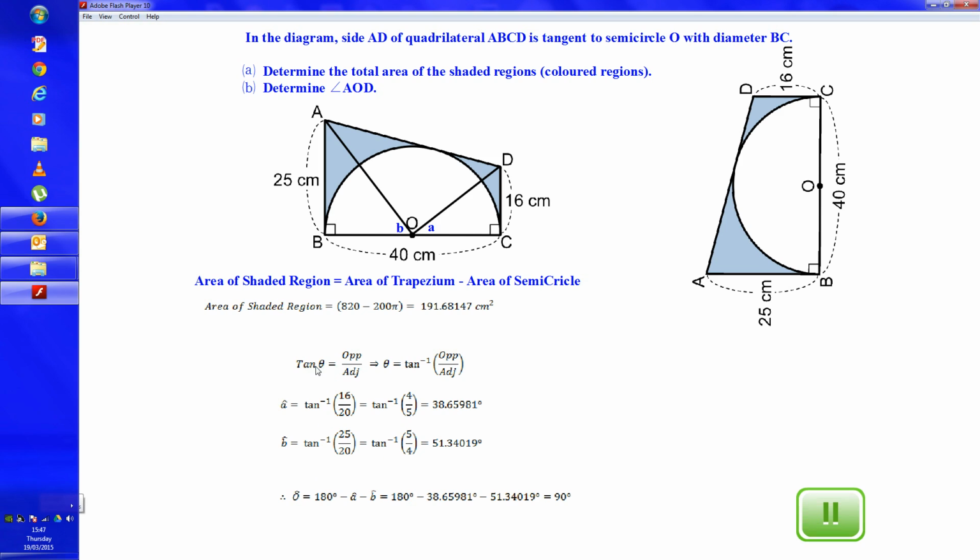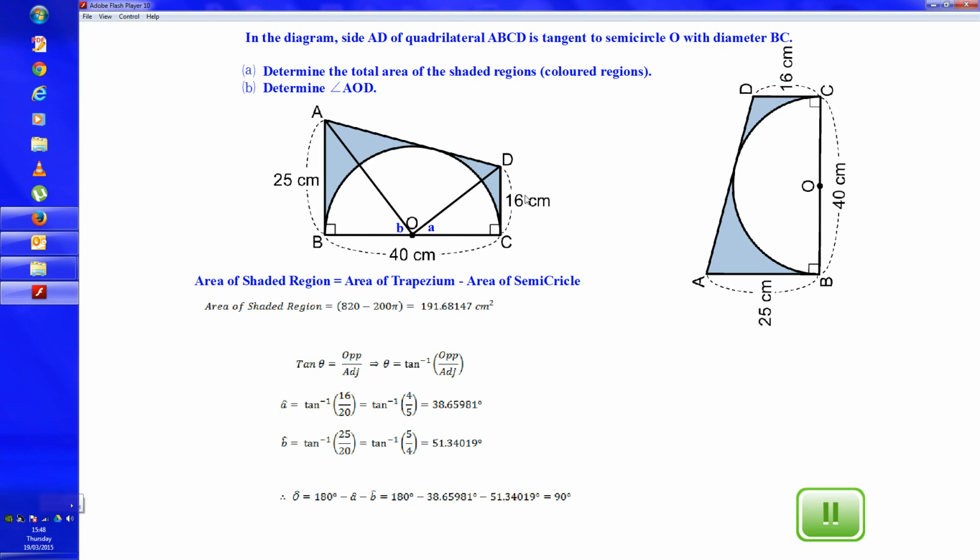Basic trigonometry, tan theta equals opposite over adjacent, therefore theta equals inverse tan of opposite over adjacent. So let's work this out. Arctangent of opposite over adjacent.